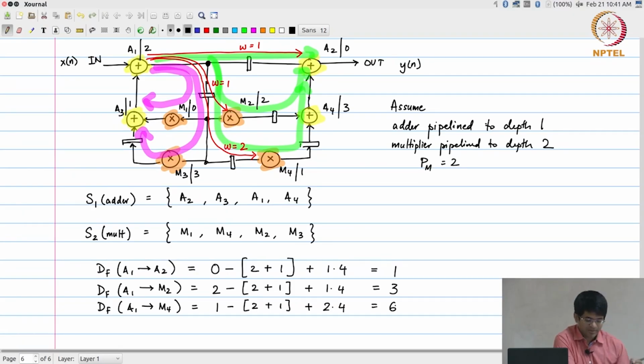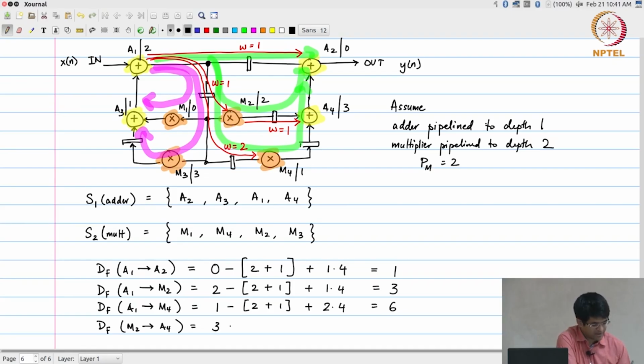Similarly, I can go ahead and calculate all the DF values. One particular example I am just going to take, because it also brings out the fact that we are using a multiplier, is from M2 to A4. So, the DF that I would have from M2 to A4 would be equal to, what time is A4 scheduled?